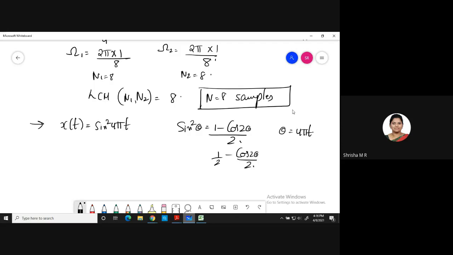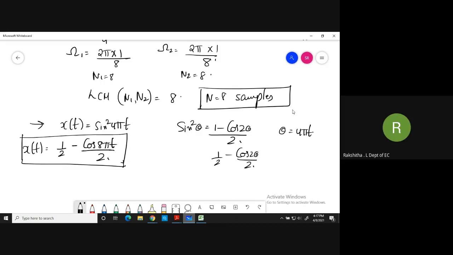So you can write x of t as half minus cos 2 into 4 pi t, it's 8 pi t by 2. Correct? It's correct, guys? Yes, ma'am. Yeah.